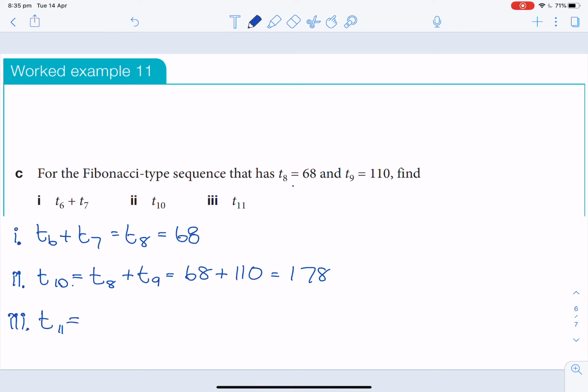Remembering we need the two previous numbers. Two numbers below 11 are T9 plus T10 gives me T11, which is 110 plus 178 equals 288. Looks about right. Okay, last slide.